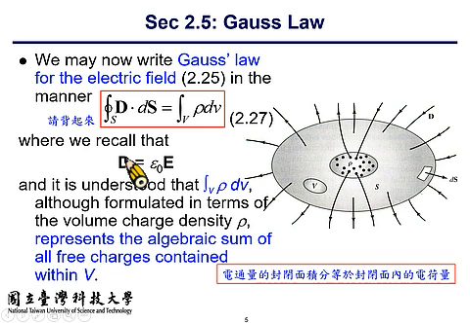Other relationships pertinent to this form are B equals mu H and J equals sigma E. These three are referred to as the constitutive relationships, which will be discussed again in chapter 4.1 to 4.3, because they determine the material's electromagnetic property.